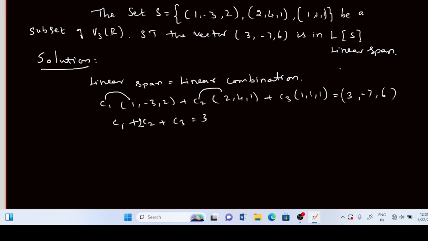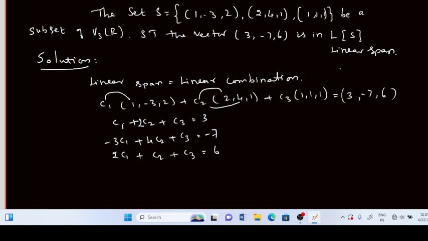Similarly, second element: minus 3 times C1 plus 4 times C2 plus 1 times C3 equals minus 7 on the right hand side. Then the last element: 2 times C1 plus 1 times C2 plus 1 times C3 equals 6. So here we are getting simultaneous equations.